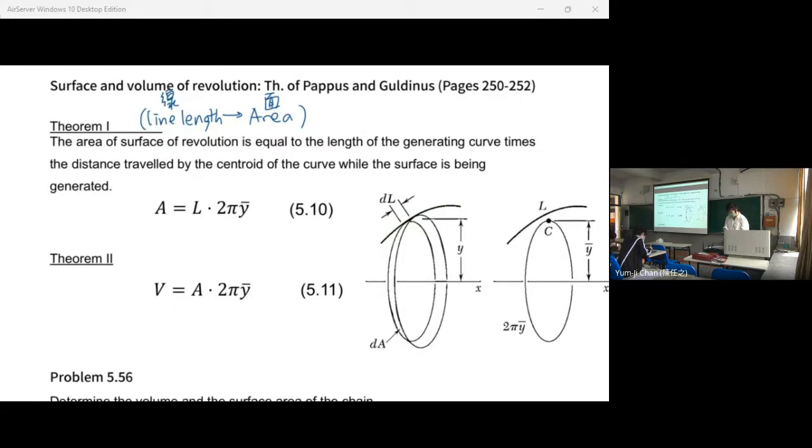And for theorem 2, if we know the generating area, that is the area that generates the curve, then we will know the volume of revolution.